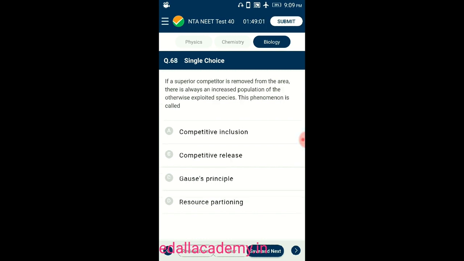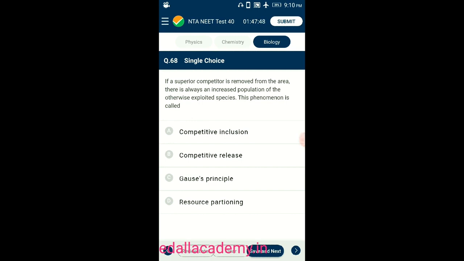Question number 68. If a superior competitor is removed from the area, there is always an increased population of the otherwise suppressed species. This phenomenon is called, according to Connell's elegant field experiment in the intertidal area of Scotland, barnacle Balanus is a competitively superior species and predominates in the area, and barnacle Chthamalus is a competitively inferior species and it is confined to a narrow zone in the area.